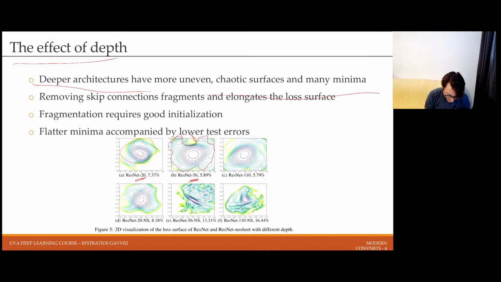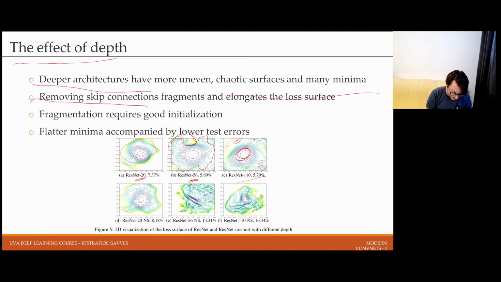With 110 layers, we start observing many more local minima. So as we go deeper and deeper, even with the residual connections, we do have a nice big local minimum, but there are also all sorts of other smaller ones that might make the life of the optimizer hard.